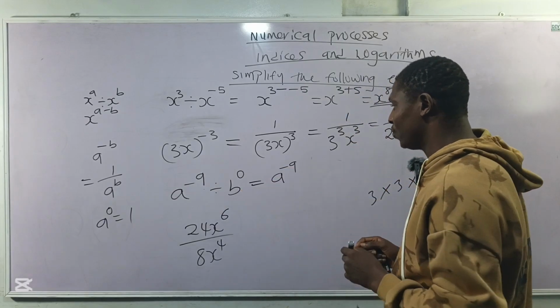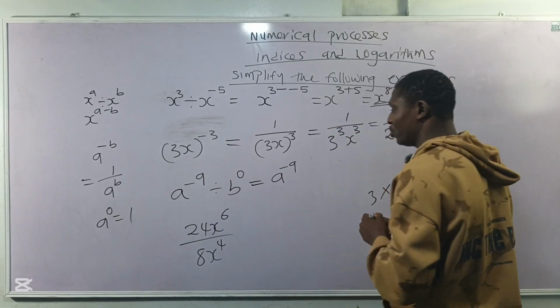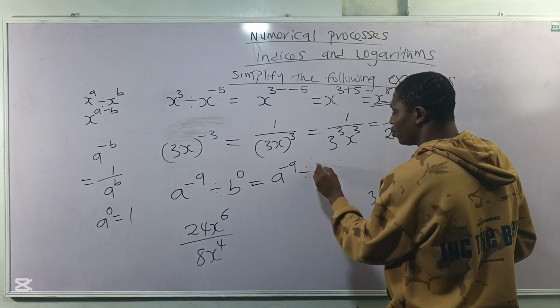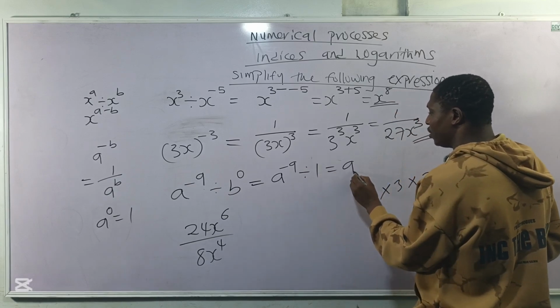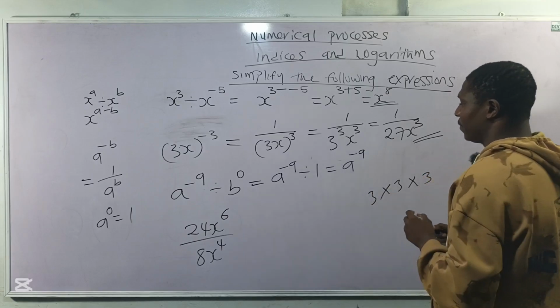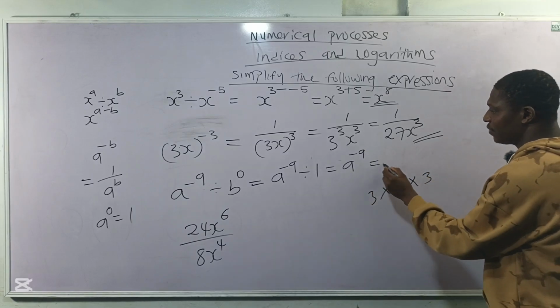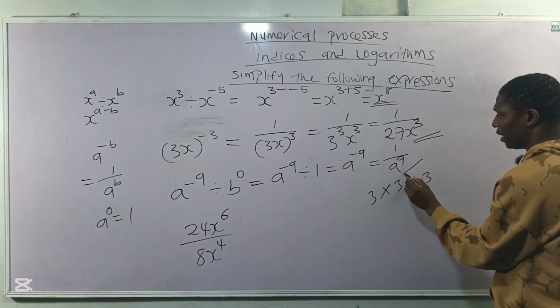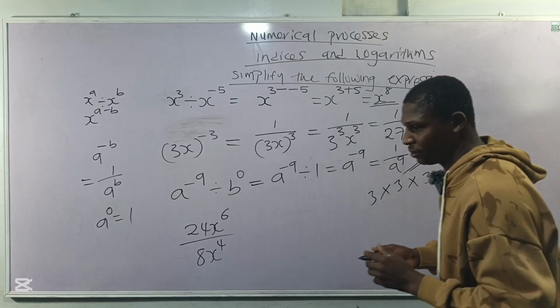So b is not equal to 0, therefore b raised to power 0 is 1. So we have a raised to power minus 9 divided by 1, which gives me a raised to power minus 9. And to remove the negative sign, I can have 1 all over a raised to power 9 as my answer.